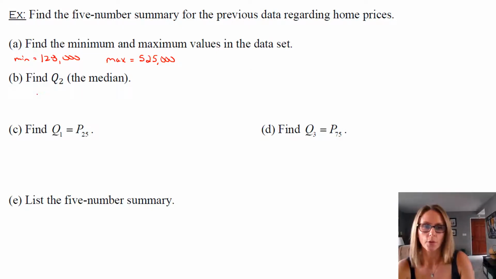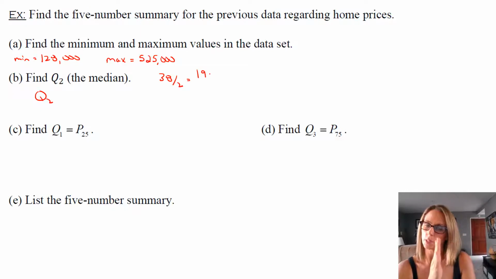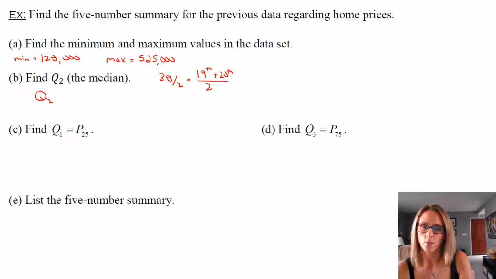So because there are 38 values, we can do 38 divided by 2. That's going to give us 19. But notice that's not the middle value because there's an even number of values. So if you remember from doing the median, we're going to take the 19th, add the 20th, and divide by 2.